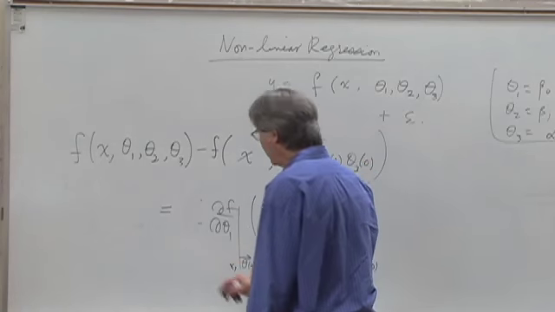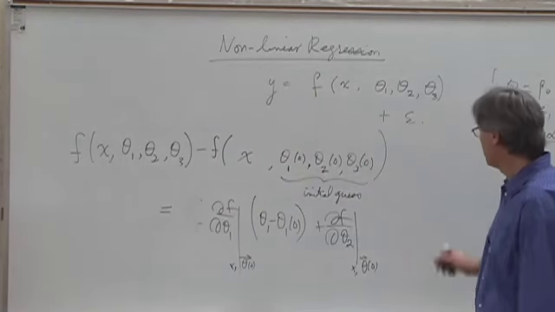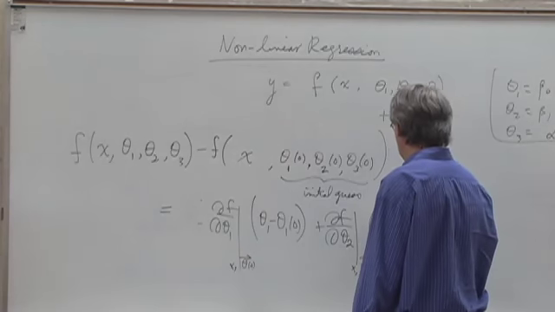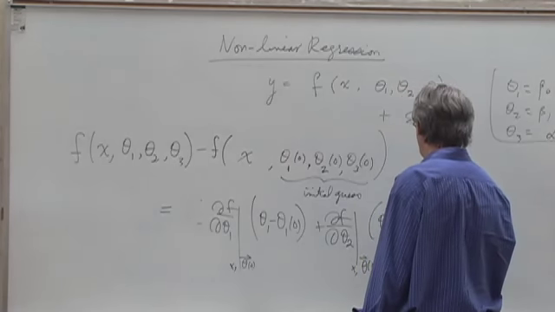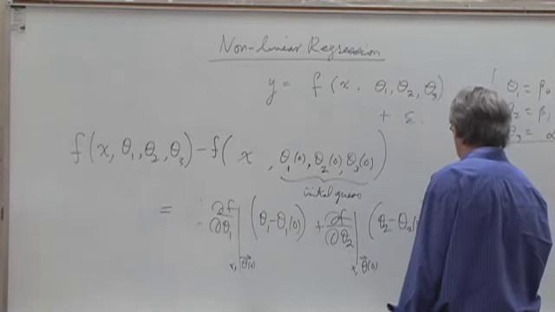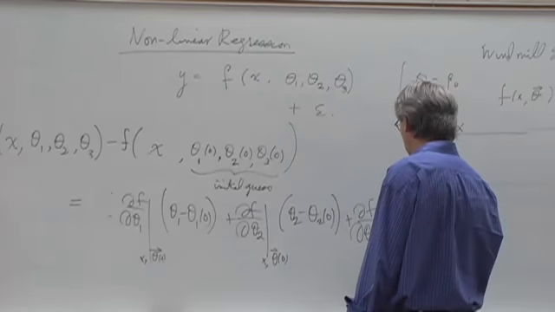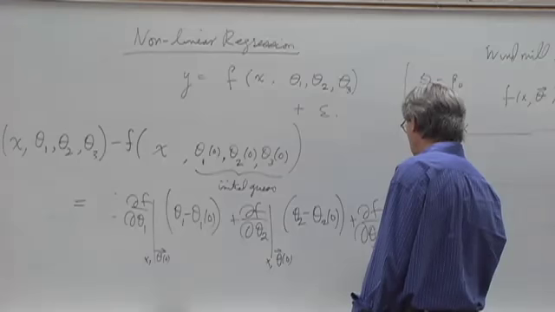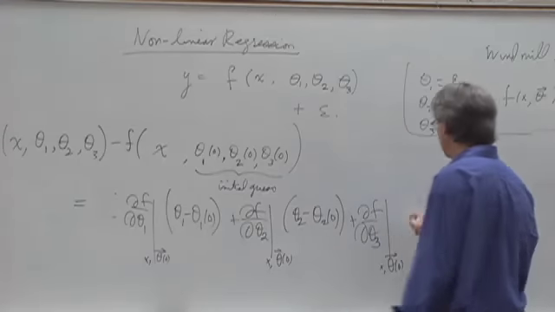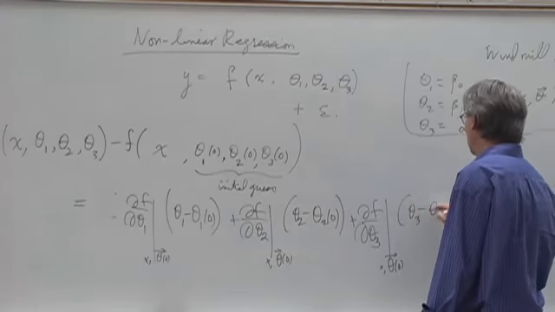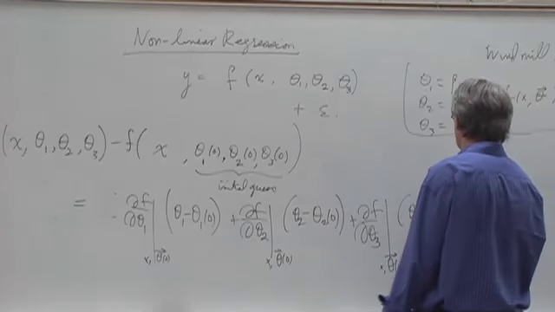Whatever x is, x is frozen through this whole business. Times theta 2 minus theta 2 naught, plus the partial derivative with respect to theta 3 evaluated at theta naught and x, times theta 3 minus theta 3 naught. Okay?